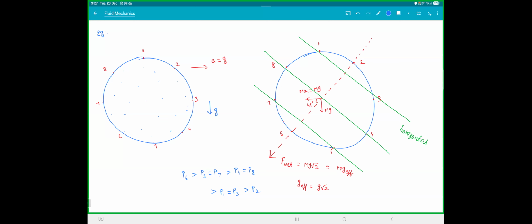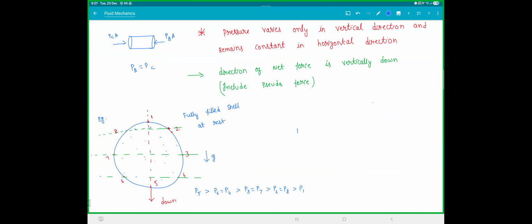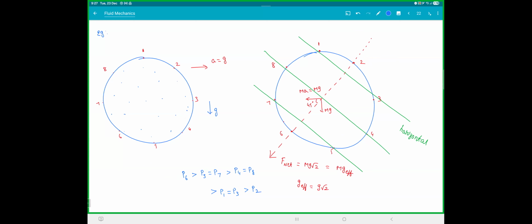If I give you a different number, g root 3 or something, the angle will change. So accordingly, you have to draw a line and check it out. I kept 45 because it is easy to see. And even if I ask you this question, P5 minus P1 will be density of the liquid, gravity g, and the depth is 2r. This is the maximum difference in pressure. Here, what is the maximum difference in pressure?